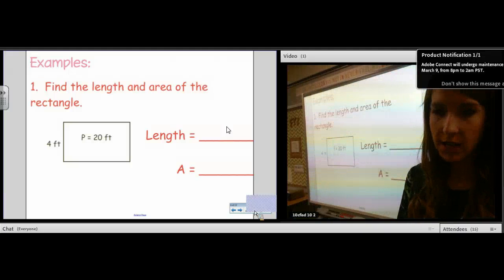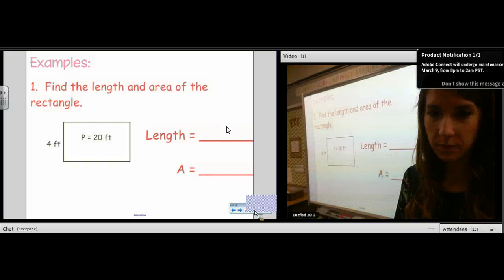So Austin, give us the length, and Hussein, give us the area. Whenever you're ready.